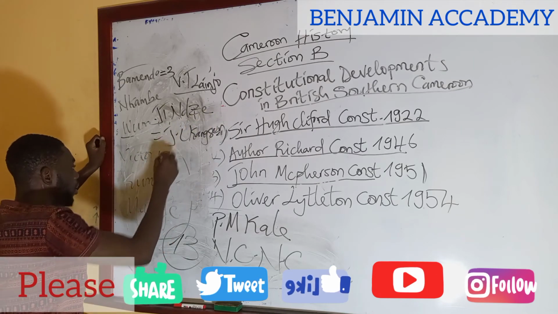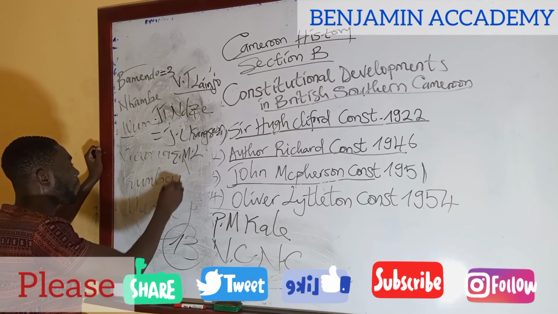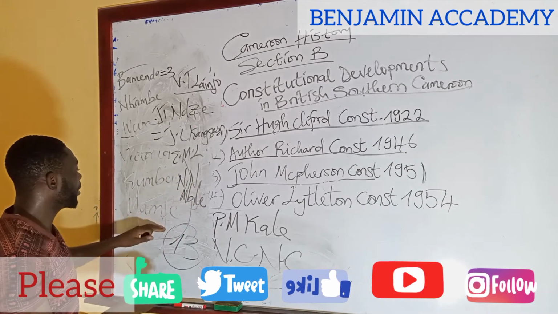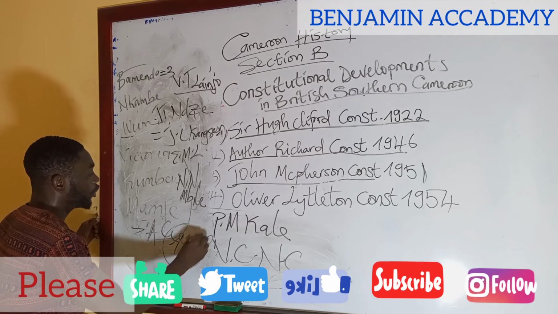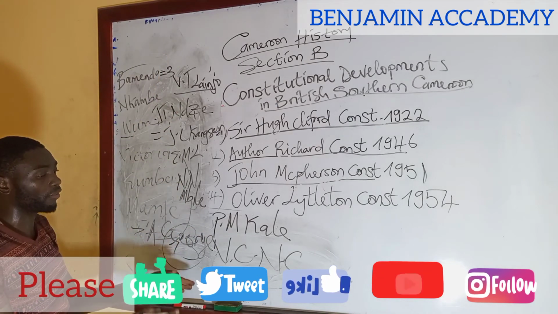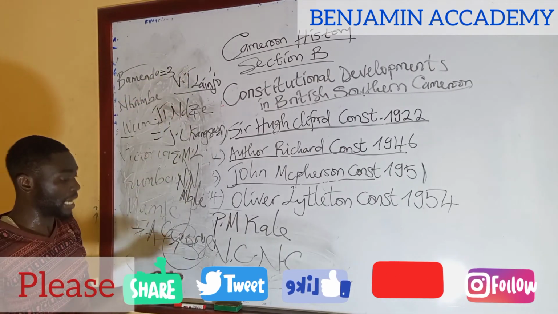In Victoria, we have E.M.L. Endele, who represented in the two houses. In Kumba, we have Neros Nemaso Bile, N.N. Bile. And in Mampe, we have S.A. Josh, Simon Are Josh. These people represented Southern Cameroon in the Eastern Regional Assembly in Enugu, as well as in the Federal House of Assembly in Lagos.